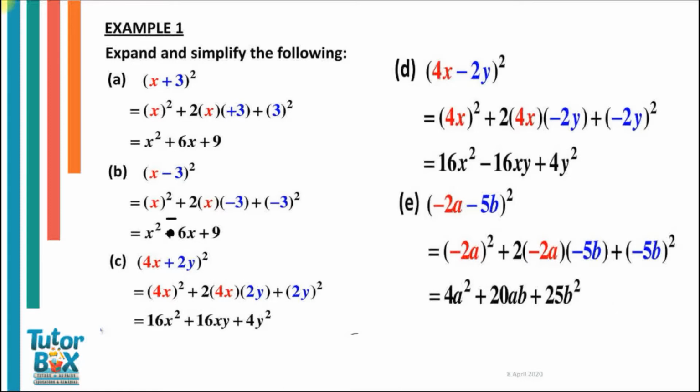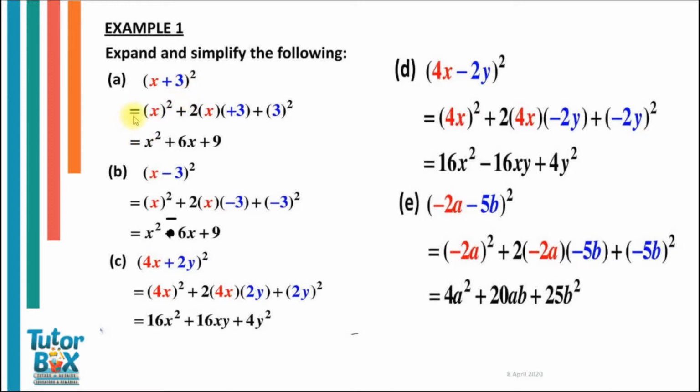Okay. Now we need to look at some examples on that part. So it says expand and simplify the following. So a, x plus 3 squared. Okay. So some of you already know the formula, right?